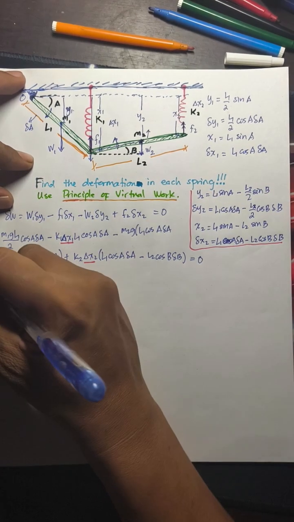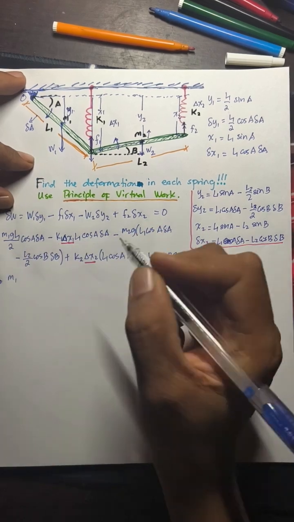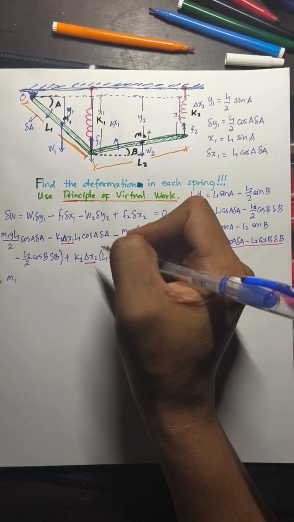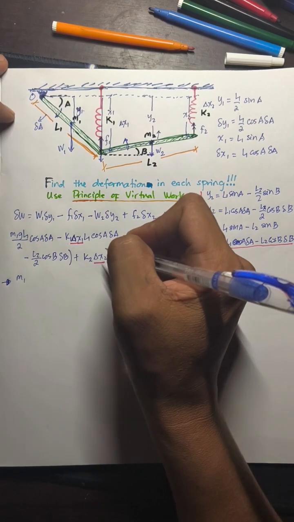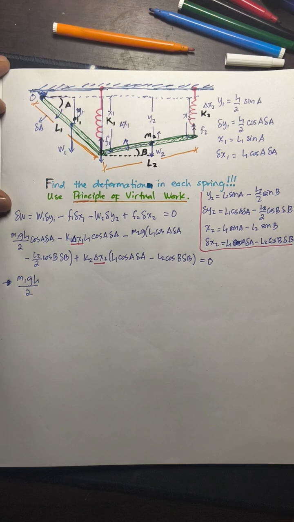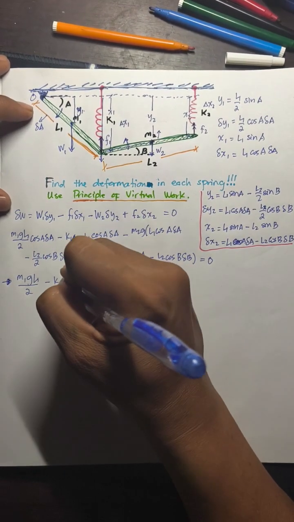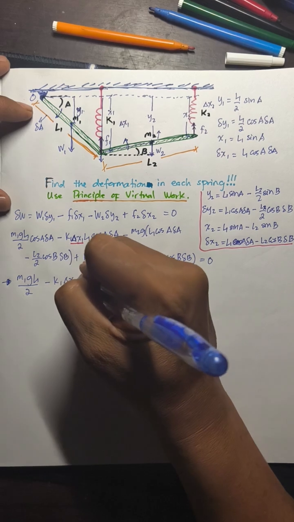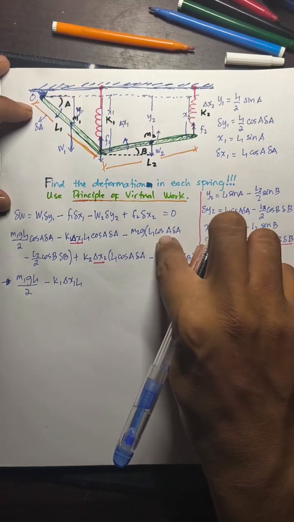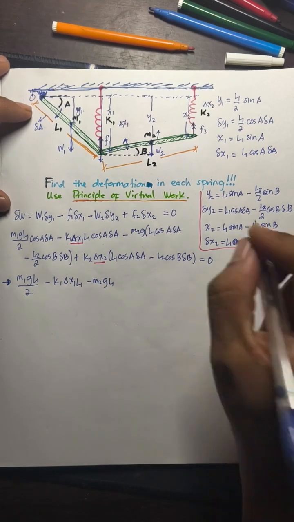Our equation now becomes M1 G L1 over 2 minus K1 delta X1 L1, and we have another delta A here, so minus M2 G L1.